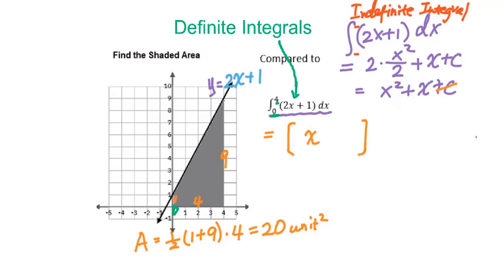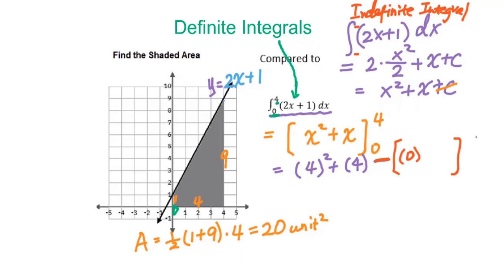So you will put x squared plus x, then bracket, put the 0, 4. Then you substitute 4 for x. You will get 4 squared plus 4. Then subtract. Substitute 0 for x this time: 0 squared plus 0. You will get 20.